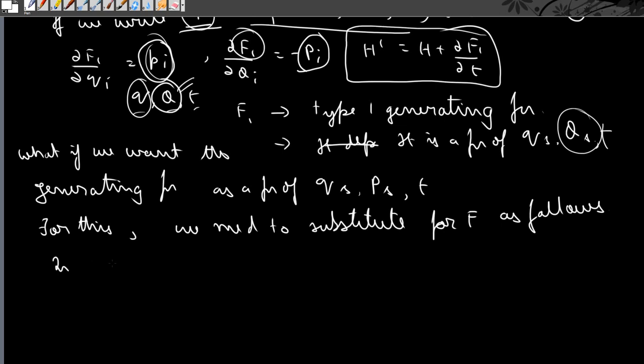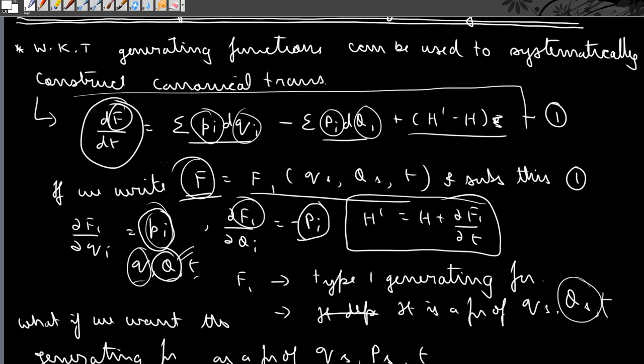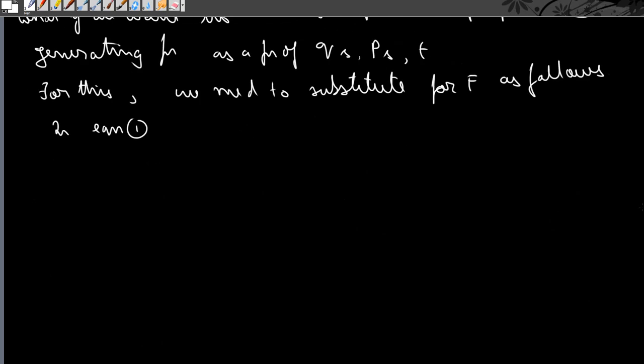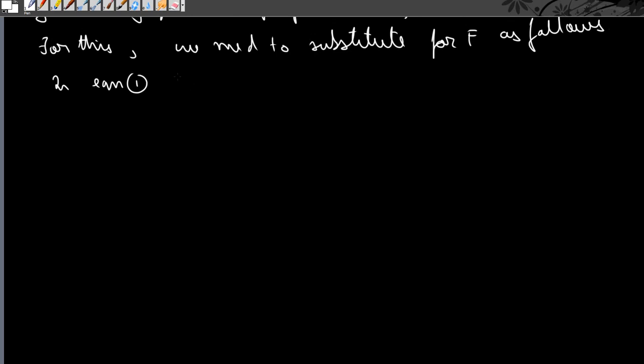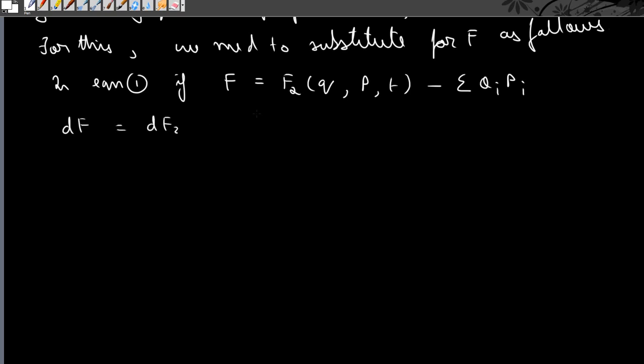In equation 1, if we write our F as F2, which is a function of the old coordinates, new momenta and time, minus summation of Q_i P_i. If we do this, then our dF is equal to dF2 minus summation dQ_i P_i minus summation Q_i dP_i.